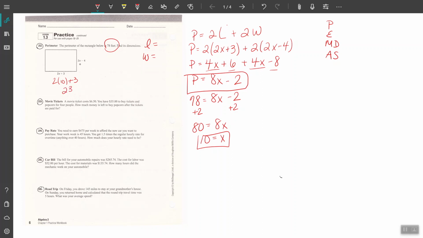And then fill in 10 for x here, and that will give us 16. Now there are units. I didn't see the units there for a moment. But we know that the labels on there are important if they've given us units. Sometimes they don't give you units, and then there's no label that you can put on there, but when they give you a unit, make sure that you add that in.